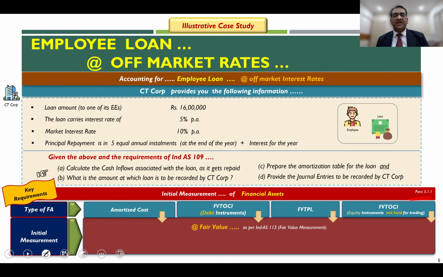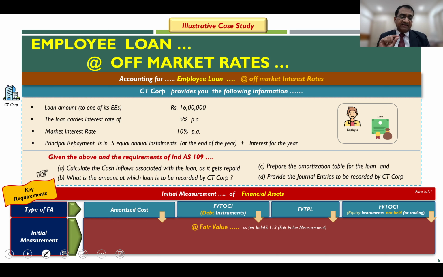So initial measurement is always at fair value, and that fair value is determined under Ind AS 113, the fair value measurement standard. That means the initial measurement is agnostic of the type of financial asset involved.